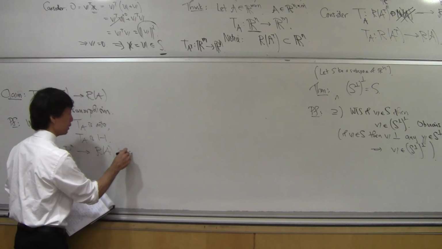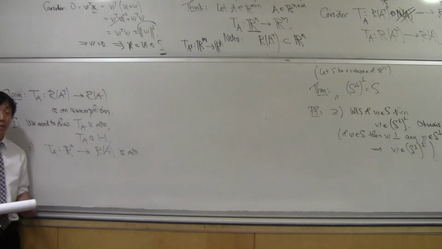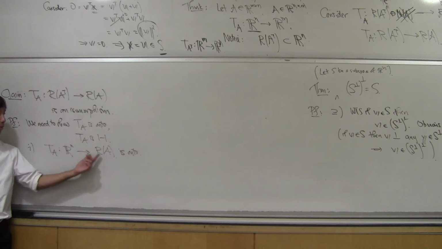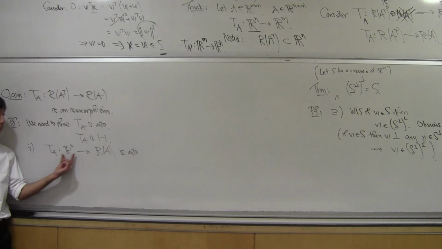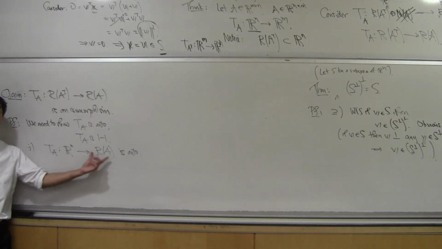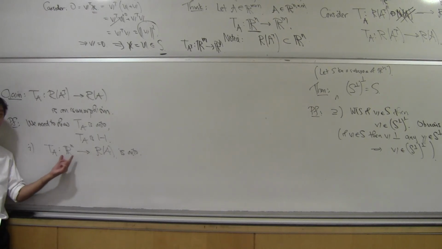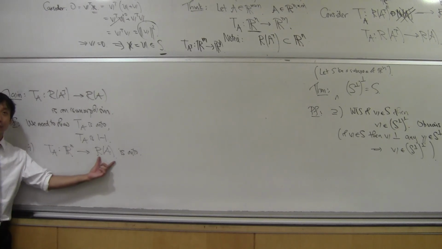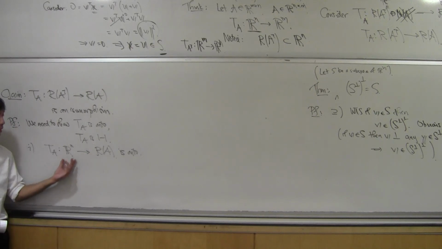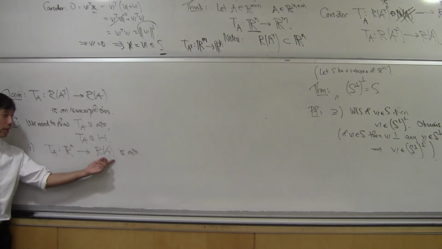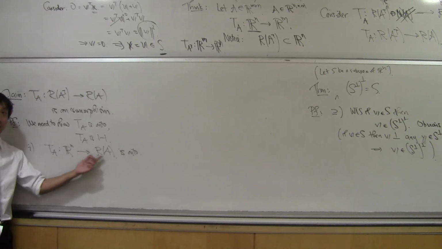Because the range of A is the collection of all outputs, and these are all the inputs. So if I feed T sub A all of Rn, I'm going to get all the outputs. The range of A is just the stuff that comes out of this. So this is definitely onto.